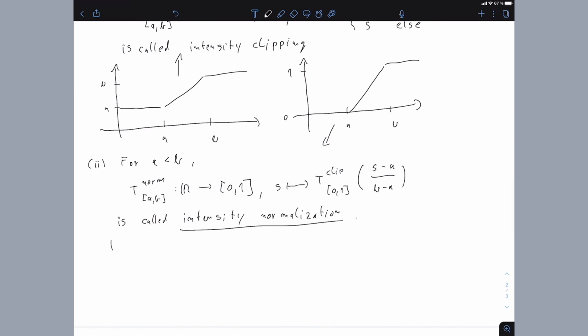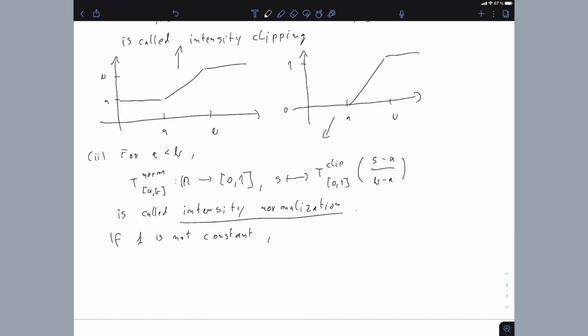And since we have a continuous image, we should be a little bit careful. So when the image is not constant, the value range is closed and bounded.